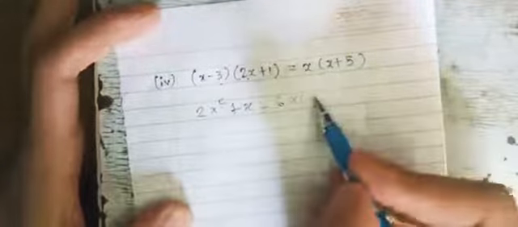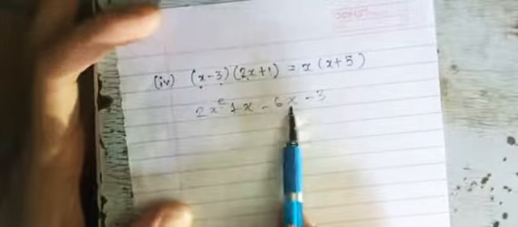Okay, now moving towards question number 4. (x − 3)(2x + 1) = x(x + 5). Now here also we will simplify the equation. So x into 2x will become 2x square. x into 1 will become plus x. Minus 3 into 2x will become minus 6x. Minus 3 multiplied with 1 becomes minus 3. What we are doing is we multiply each and every term into the bracket.